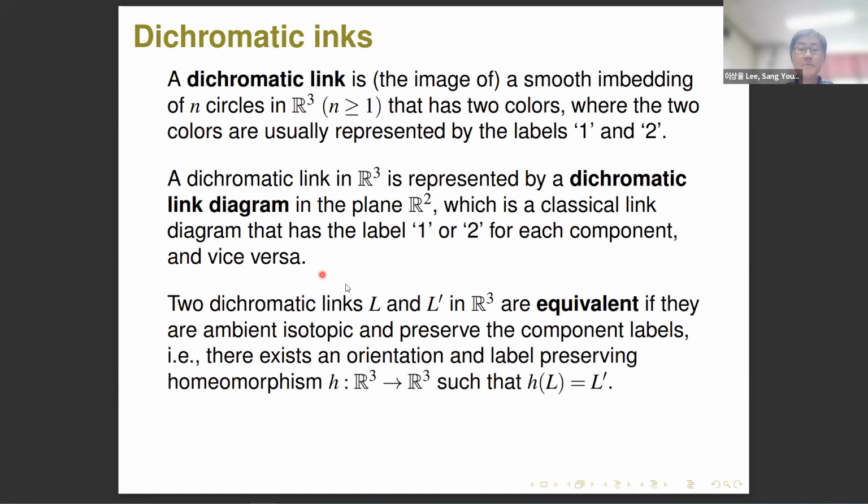Two dichromatic links L and L prime are equivalent if they are ambient isotopic and preserve the component labels. That is to say, there exists an orientation and label preserving homeomorphism h such that h sends L to L prime.